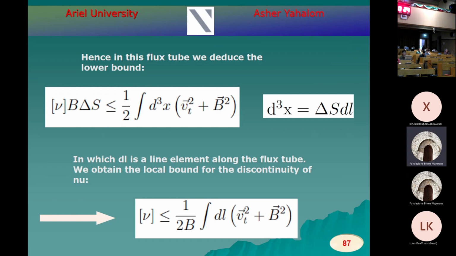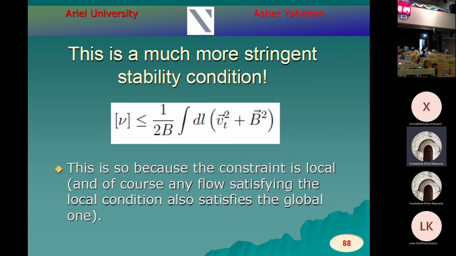We obtain a local bound for the discontinuity of ν in this specific form. So this is much more stringent, because the condition we got before was global. It was over all the flow, but this is local. It's per magnetic flux tube.